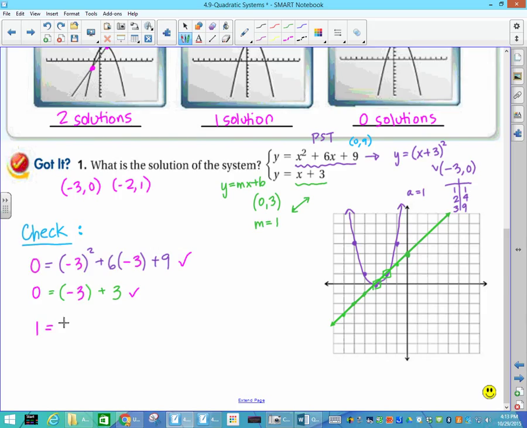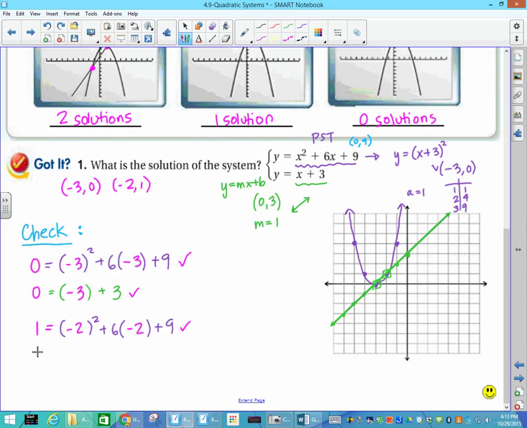And when I'm plugging it in, I'm plugging it into the parabola. So that means it's going to be, again, something squared plus 6 times x plus 9. And the x value that goes with 1 is negative 2. So that's what I'm plugging in this time. Negative 2 squared is 4, minus 12 is negative 8, plus 9 is 1, and 1 equals 1.